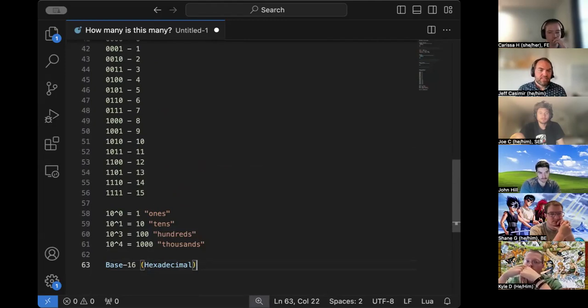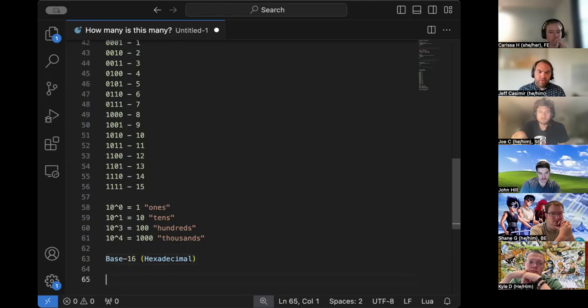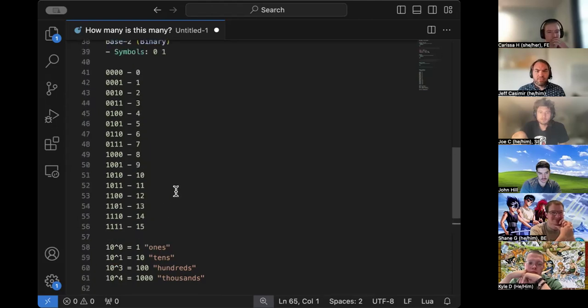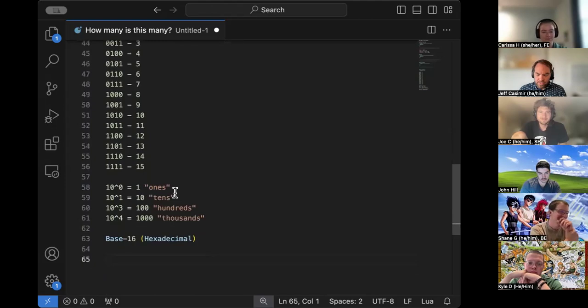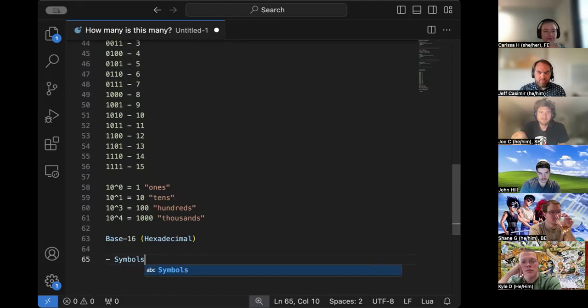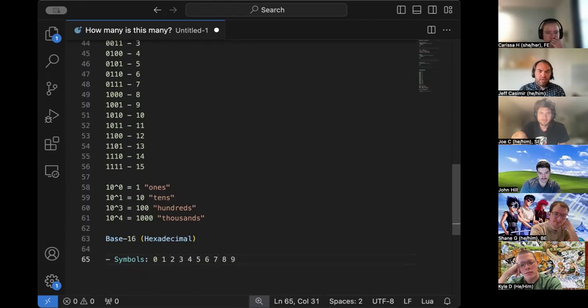So together it makes 16. You could argue it should be decihexamal, but no one will like you. So you should just stick with hexadecimal. And so our symbols here are 0, 1, 2, 3, 4, 5, 6, 7, 8, 9. Out of symbols in hex, we go A, B, C, D, E, F.